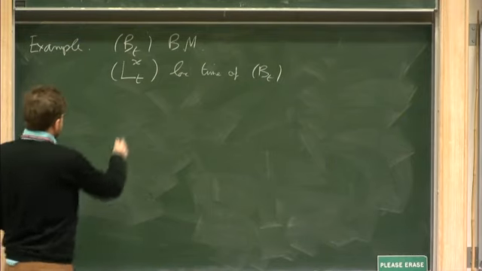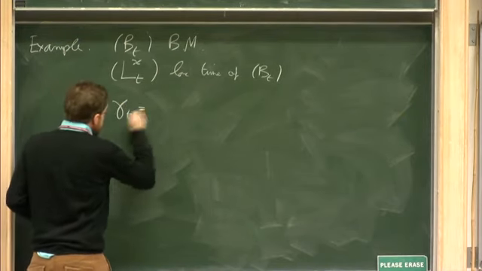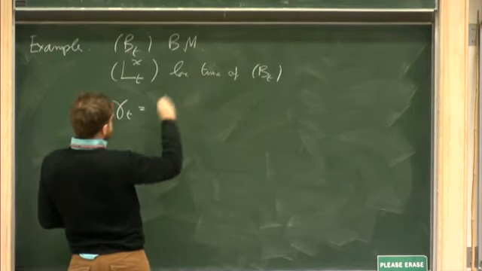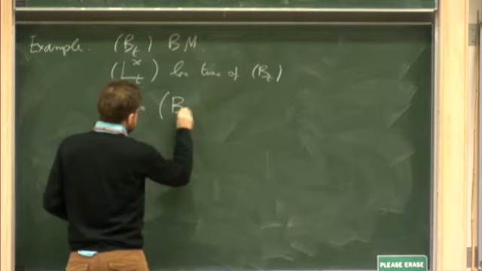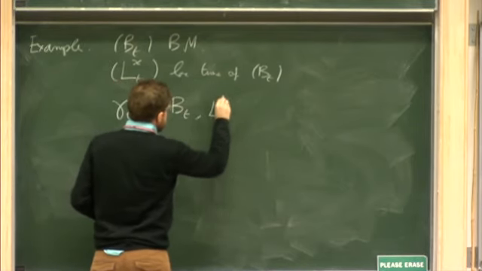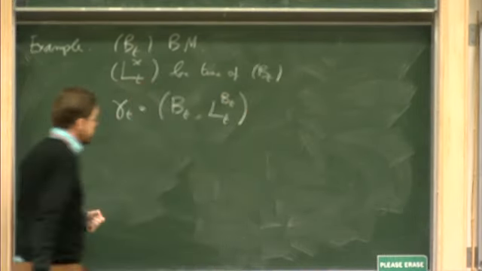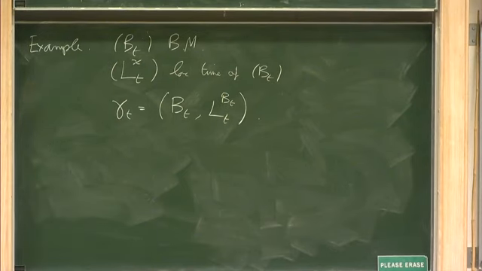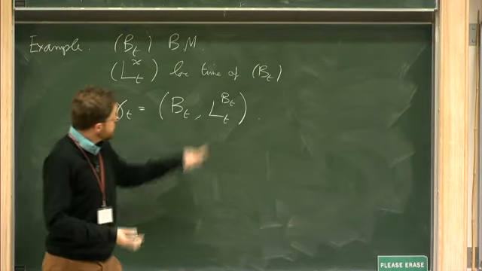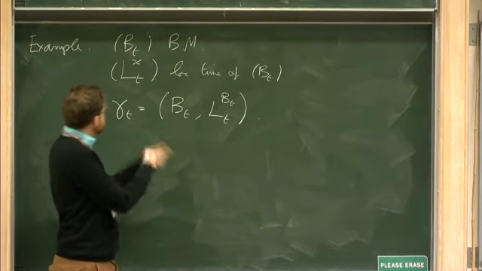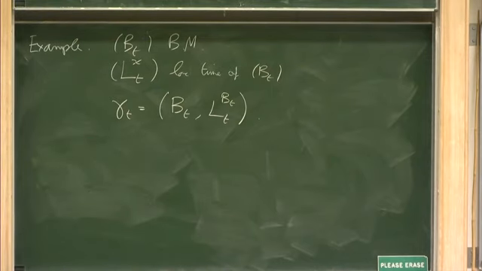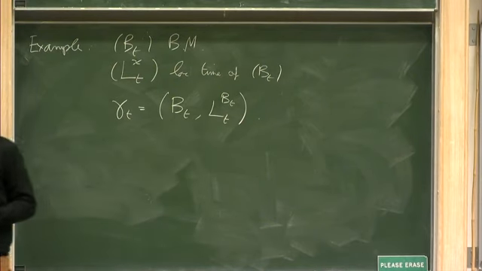And what you can do is you take gamma_t to be the points in the upper half plane with coordinates B_t and L_t at B_t. And that's a very nice process because the fact that L_t is strictly increasing whenever the Brennan motion is there is telling you that this will cover all the points, and besides it's a continuous curve, but the continuity of L_t says that you will touch every point.